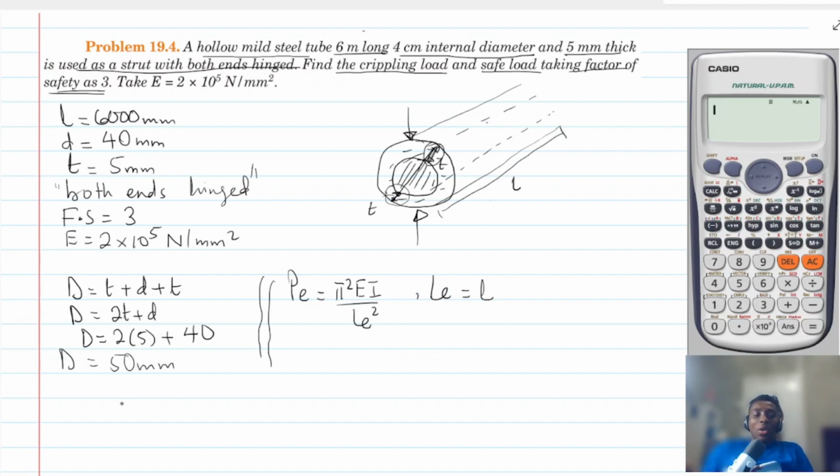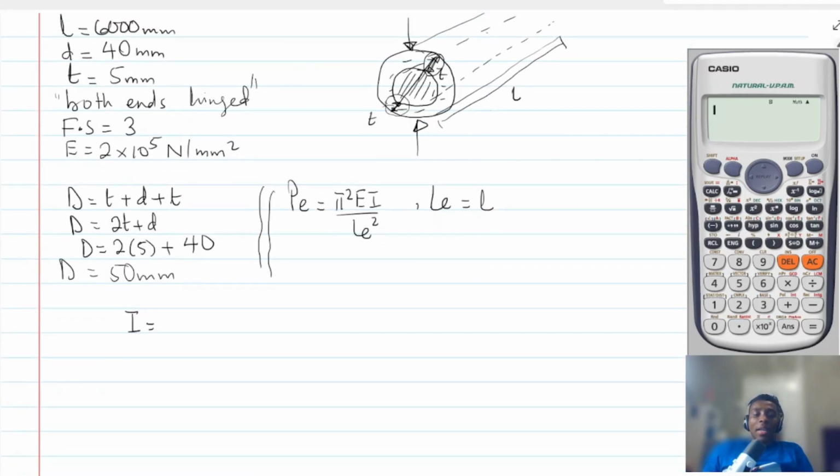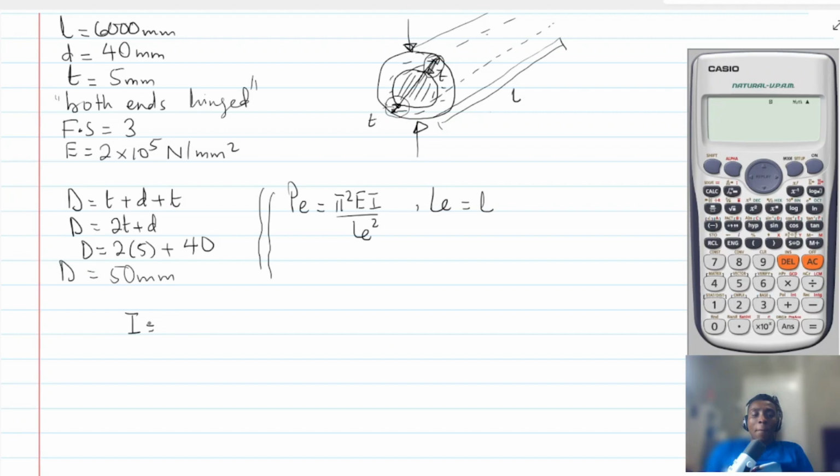But then the I, which is the area moment of inertia, is going to be given by I equals pi over 64 times big D to the power 4 minus small d to the power 4.